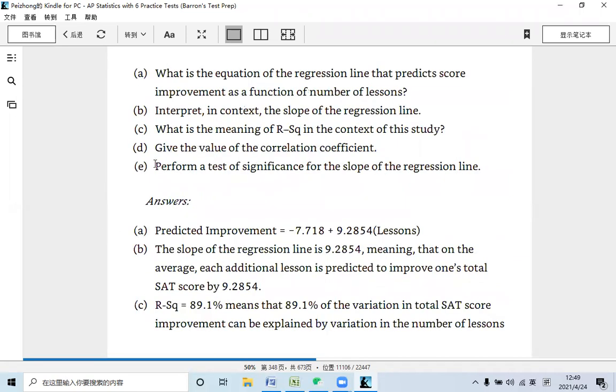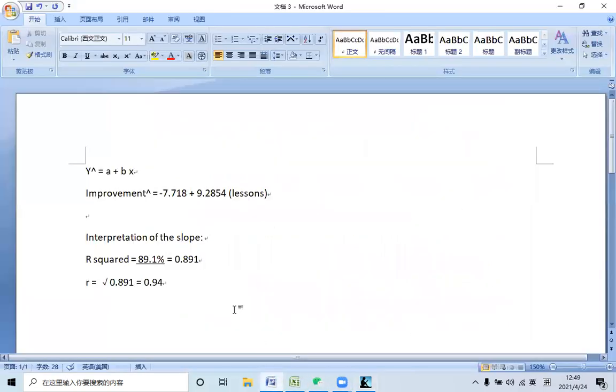And then perform a test of significance on the slope of the regression line. You want to do the significance test on the slope. Here, this is the slope. Is it statistically significant?